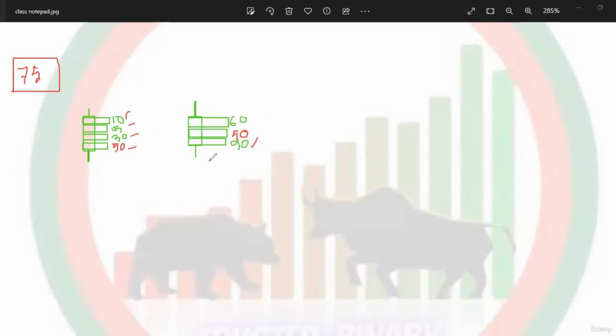So what is happening between this candlestick and this candlestick? When buyers and sellers fight inside this candlestick, there is less effort here. But in this candlestick, when buyers and sellers fight, the effort is very high. Where volume is high, that is a totally different thing. We will learn everything, but first try to understand the basics.